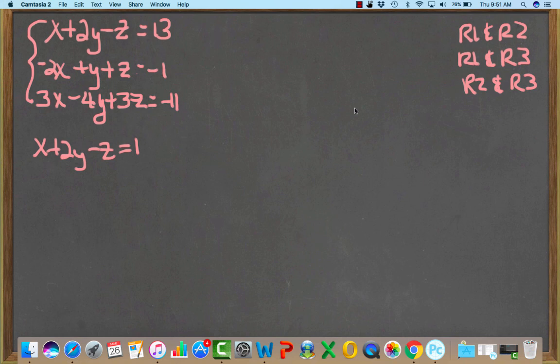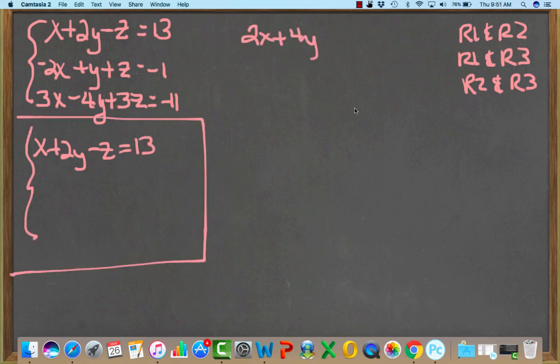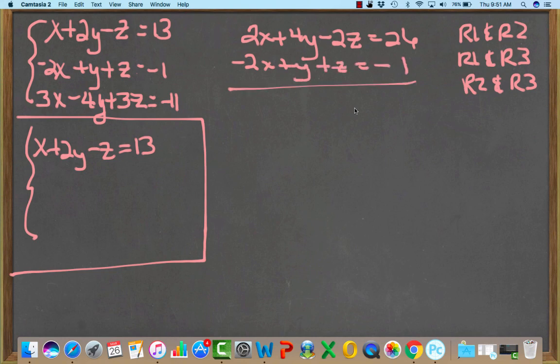So 2x plus 4y minus 2z equals 26, and negative 2x plus y plus z equals negative 1. So we'll add those two together, and we're going to get 5y minus z equals 25. So I'm going to go ahead and bring that down to my final system.